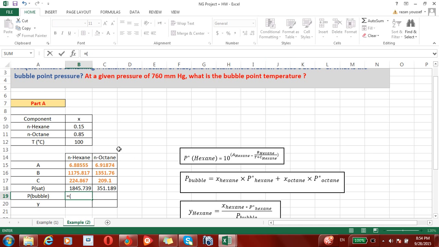Let's just start with the hexane: X of the hexane multiplied by Psat, added to X of the octane multiplied by Psat of the octane. And we got our value, which is the asked value, as you see here.